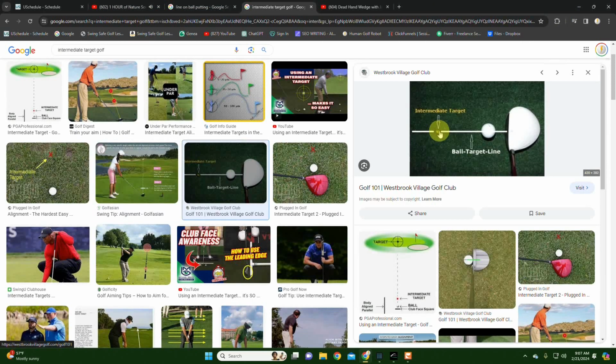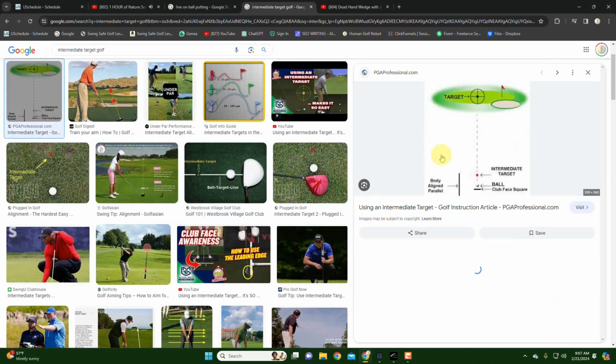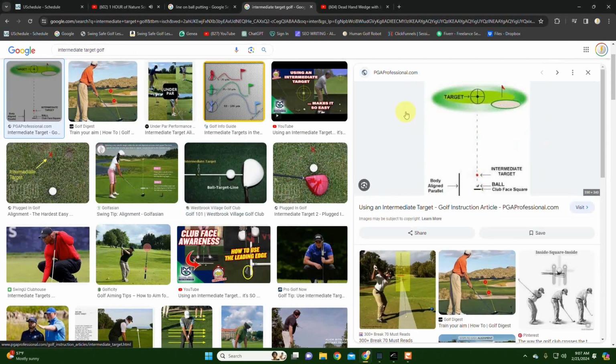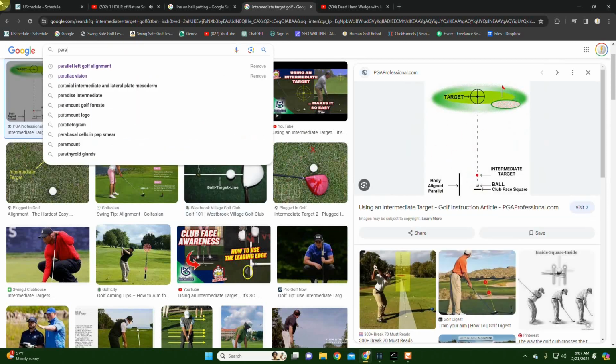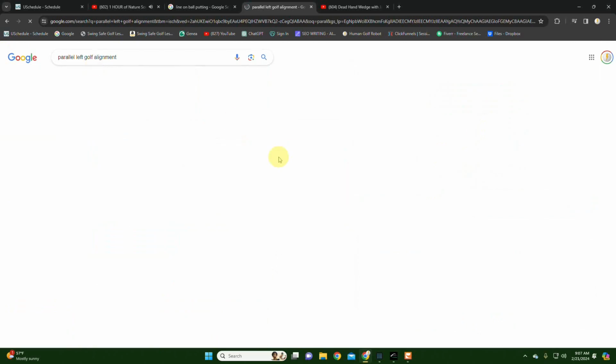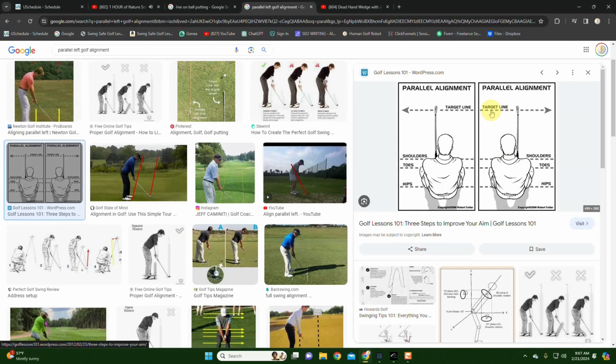Usually an intermediate target is only this far in front, like 6 inches or something close by. Here's an example picture too. See the intermediate target in line with where you're going. Once you've got that, then you have to get what's called parallel to the target line. As a lefty, you would then get your feet and everything parallel to that imaginary spot.